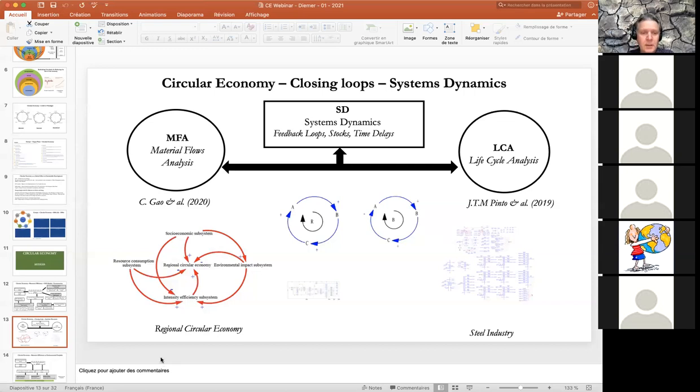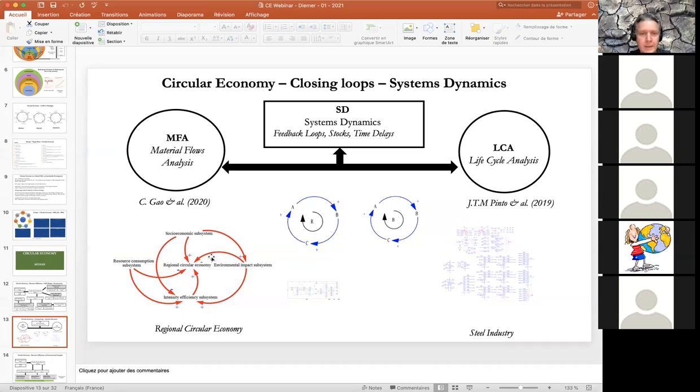I just emerged here two examples. Last articles in 2020 try to think about regional levels. At the regional level, we try to understand what is the socioeconomic subsystem and what are the resource consumption subsystems. So we have to divide into subsystems and try to understand what the connections are.